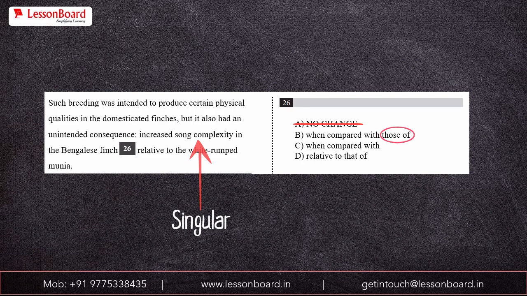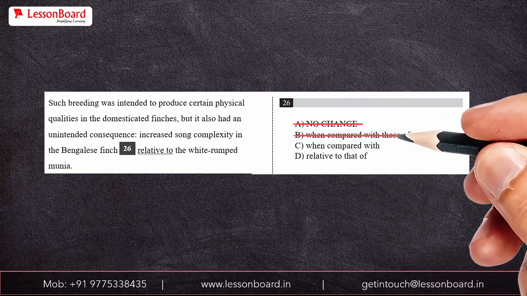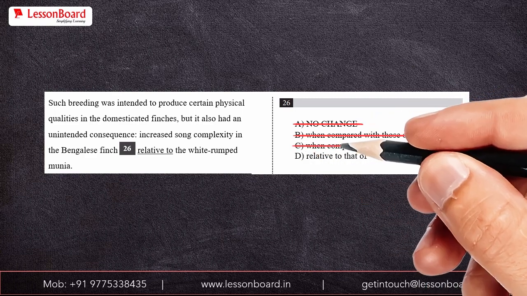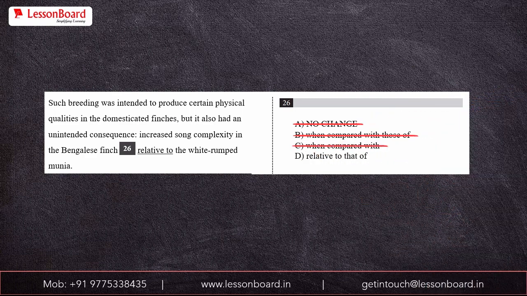So we cannot use those of, which can help us to eliminate B as well. Let's have a look at option C, when compared with. So increased song complexity in the Bengali finch when compared with the white-rumped munia. Same problem as that of option A. So illogical comparison, we are comparing song complexity in the Bengali finch to the white-rumped munia, which is absolutely wrong.